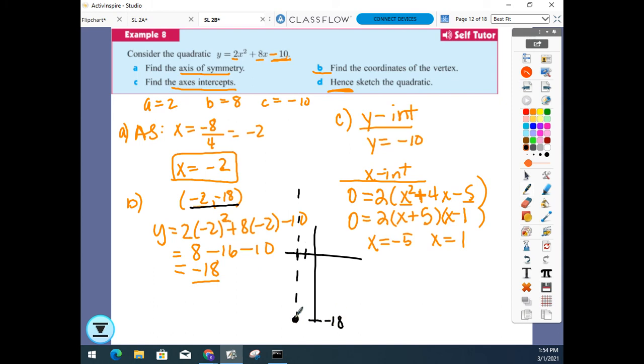There's my vertex. My x-intercepts are at -5 and +1. 1, 2, 3, 4, 5. And there's my graph. Lots of information. If you need to watch this a couple of times, that is fine.